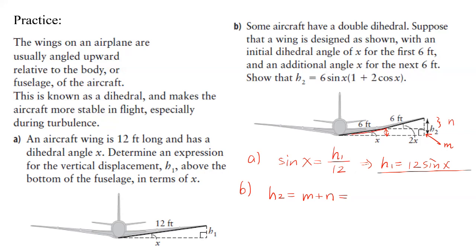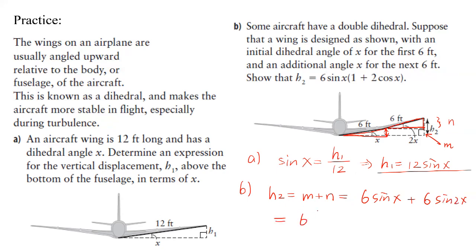And in this right triangle, we know that m is 6 times sine x, right? And in the triangle here, this is also a right triangle, right? So n is 6 times sine 2x, right?